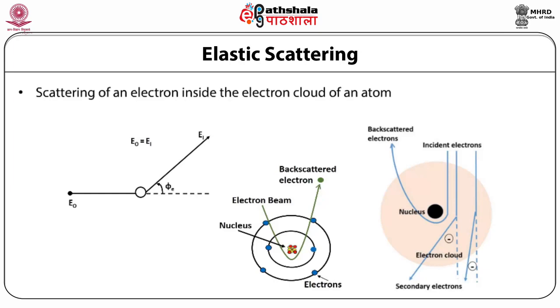The probability of elastic scattering increases strongly and varies as the square of the atomic number, Z squared. Also, since the heavier atoms have a much stronger positive charge at the nucleus, the probability of elastic scattering decreases and generally depends on the electron energy as 1 by E squared.